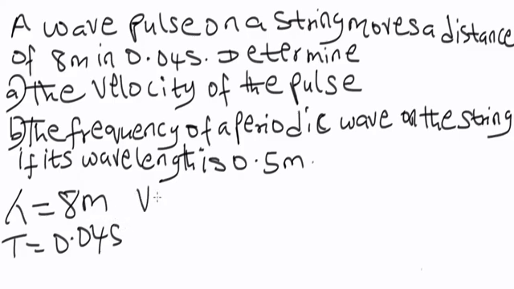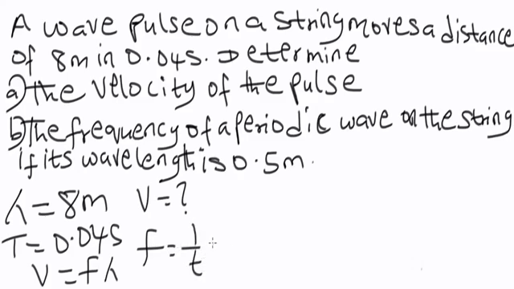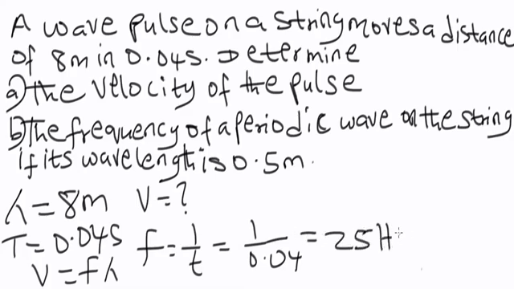We're asked to find the velocity, V, which is unknown. So we're going to apply this formula, V equals frequency times lambda, that's wavelength, and we all know that frequency is the inverse of time. So this is going to give us 1 over 0.04. If you punch it on the calculator, it's going to give you 25 hertz.